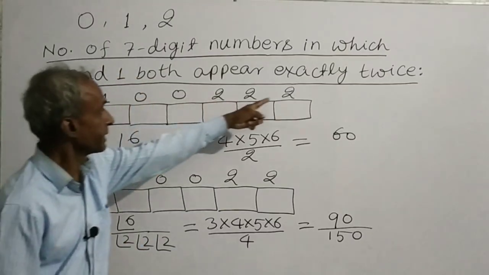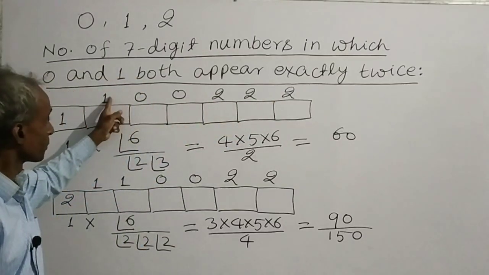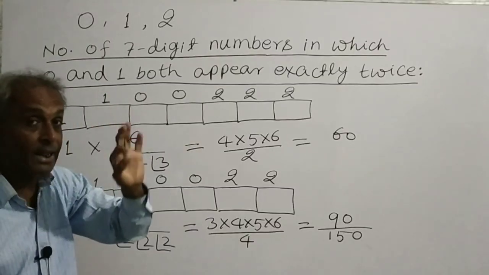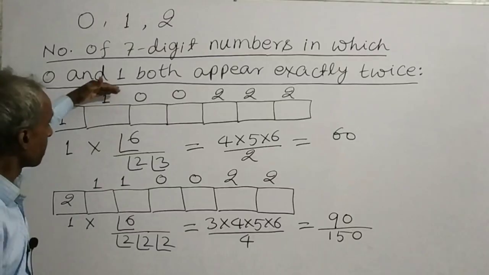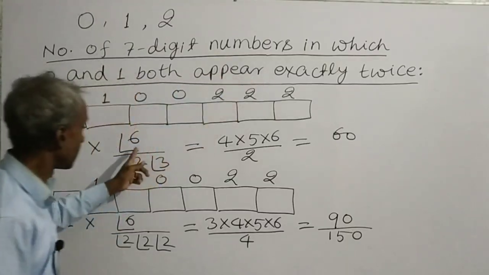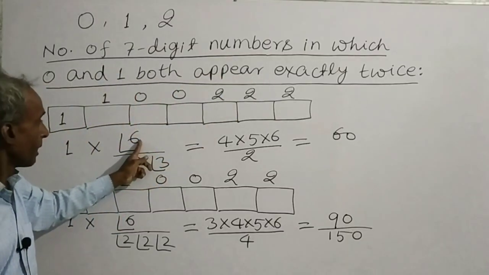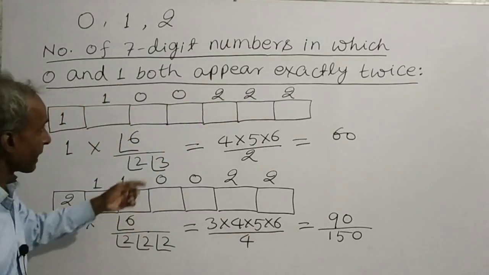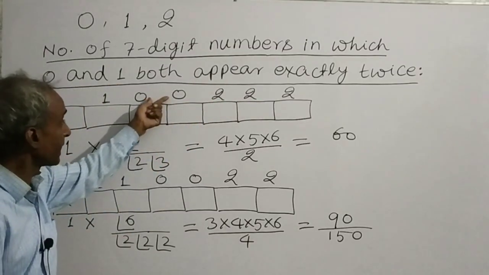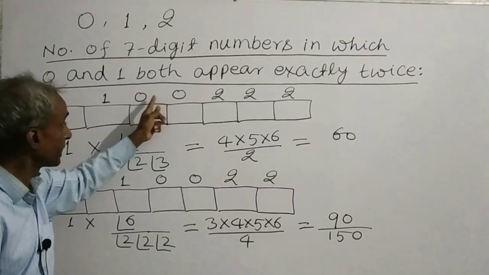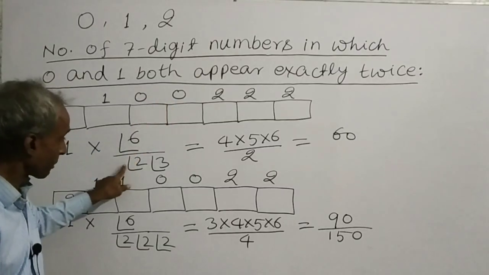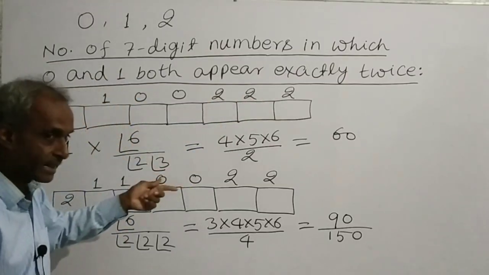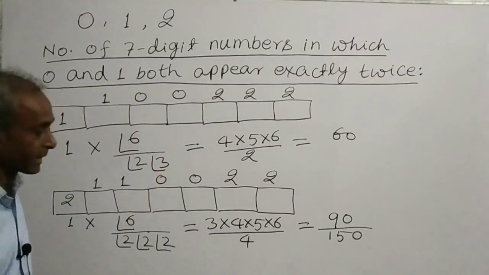Now here are 6 digits, out of which some digits are identical. The number of arrangements is the factorial of the total number of digits divided by the factorials of the numbers of identical digits: 2 digits are identical, factorial 2; 3 digits are identical, factorial 3.